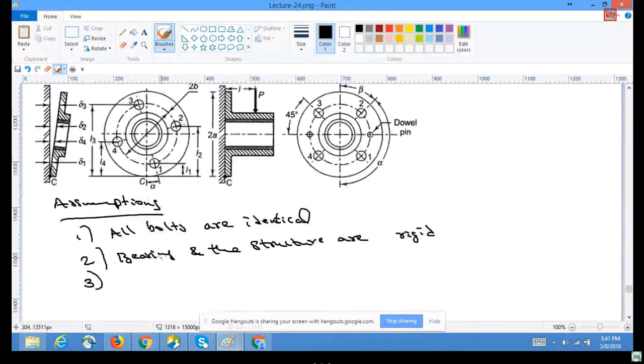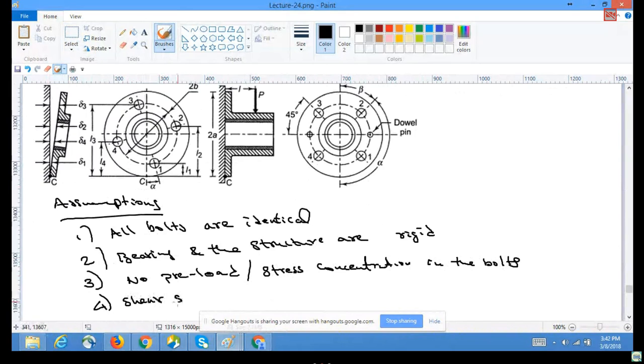And there is no preload or stress concentration in the bolts, and if there are any shear stresses, they are relieved from dowel pins, which are shown here.